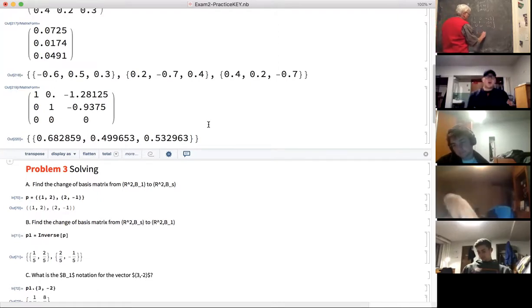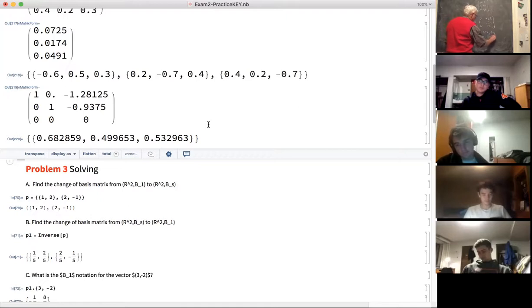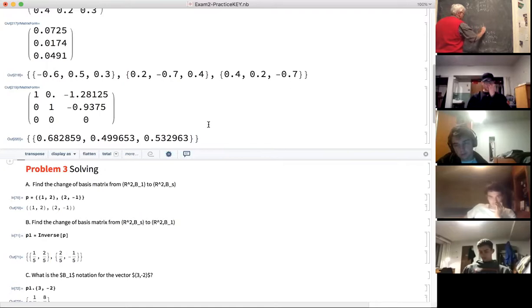So this is x1 minus 1.3 x3 equals 0. x2 minus 0.94 x3 equals 0. And x3 is free. So the solution set: x1 is 1.3 s, x2 is 0.94 s, and x3 is s, such that s is a free variable, any real number.